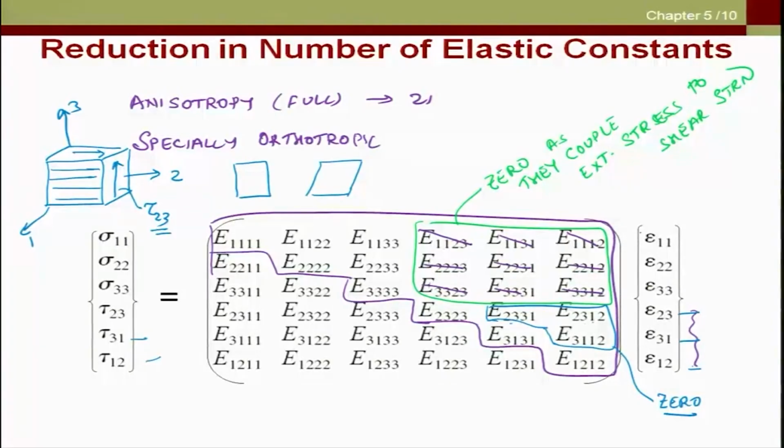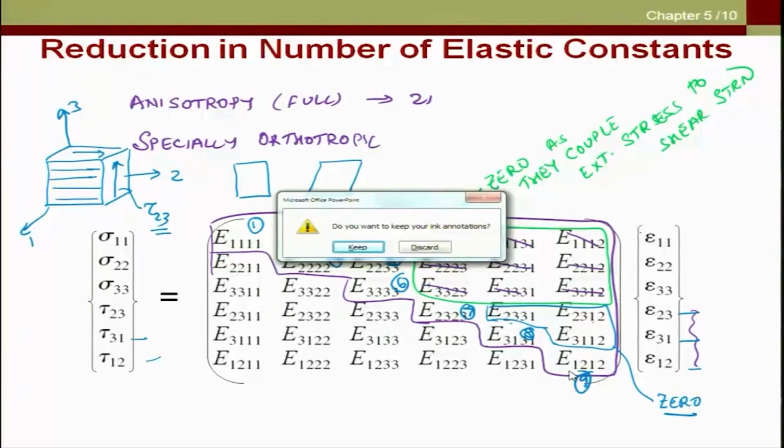So, if that is the case, then the total number of elastic constants in such a case is 1, 2, 3, 4, 5, 6, 7, 8 and 9. So, a 3-dimensionally especially orthotropic solid will have 9 independent elastic constants.